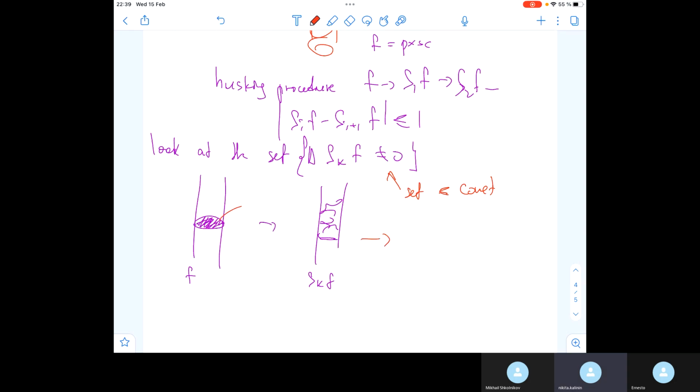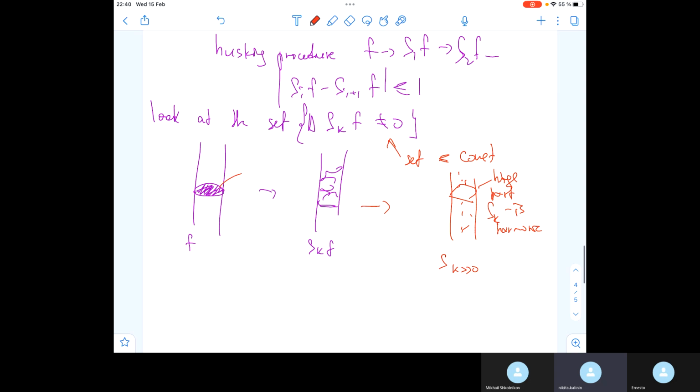And so if this process is infinite, so I have some very, very big k, then it gets very distributed among my cylinder. And then somewhere inside, I have a huge part where my sk is harmonic. And in this part, sk is linear. Again, that's a similar statement that sk of f is bounded by some linear function.